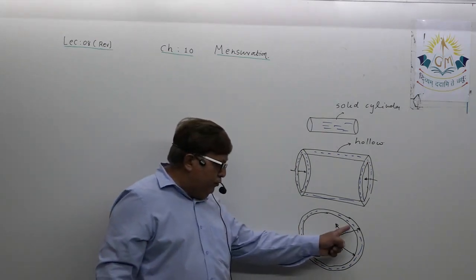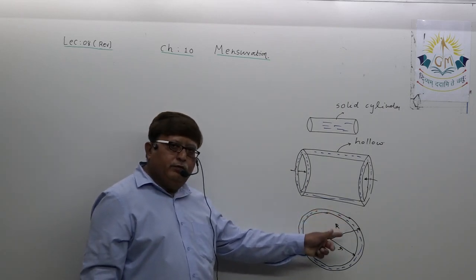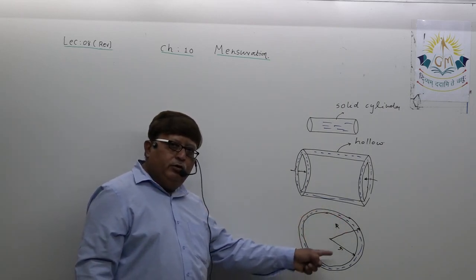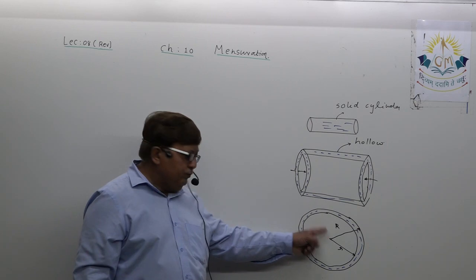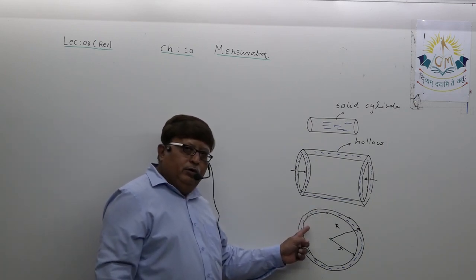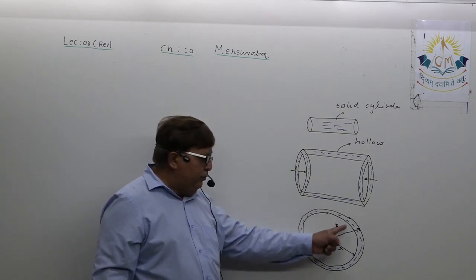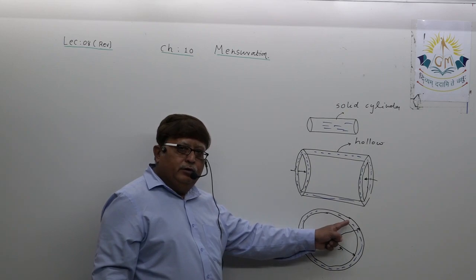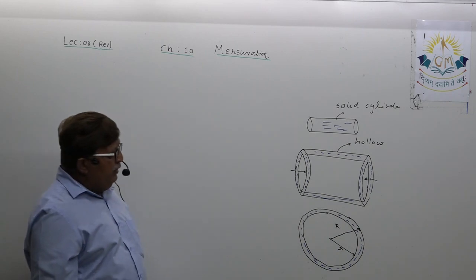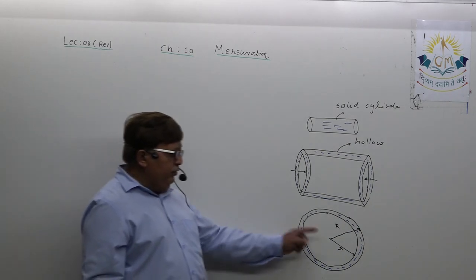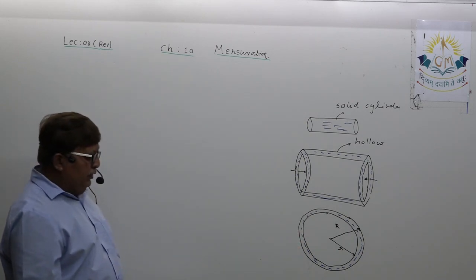And if you want to find the volume of the metal used, first you will find the volume of the cylindrical pipe taking radius capital R. Then you will find the volume of the pipe taking the smaller radius, and you subtract both these; you will get the total volume of the metal used in designing such a pipe.